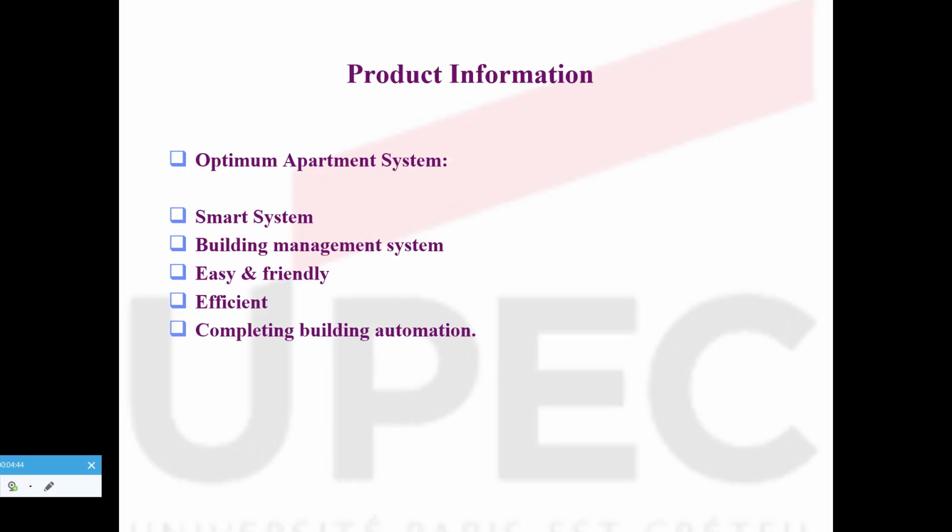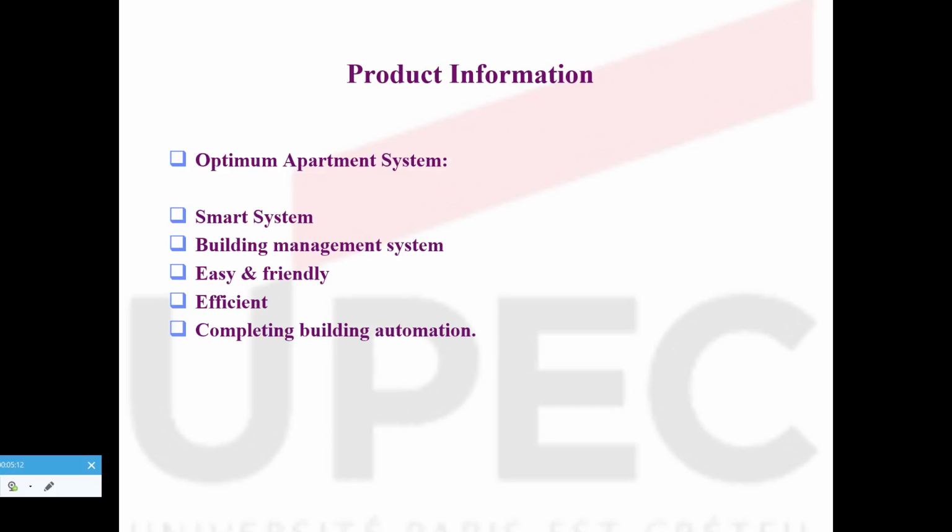This application is easy to use, ensuring a friendly environment. The Optimum Apartment System will be the leading and easy to use management system in the Pakistani market. The Optimum Apartment Management System is different from the building management system. Please note this: the building management system or building automation system is different from that system.